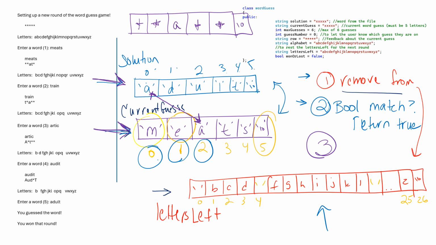But if you find a match that is in the right place, that means that if this is I and this is J, that would mean that I equals J. So if you were to find a match that is in the right place, then you're going to change it to an uppercase letter. Just keep in mind that this is going along with the index of the current guess. It's not going along the index of the solution, right?